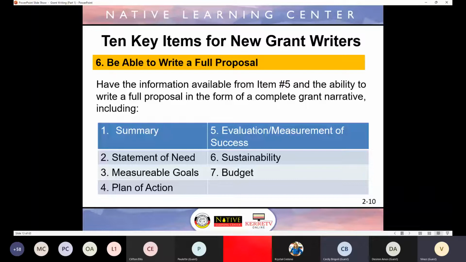And they might have different names on different grants, but basically every single grant, whether it's a grant from a federal agency or on the private side from a corporation or from a community center or from a private individual, every single grant is going to ask you for this type of information.